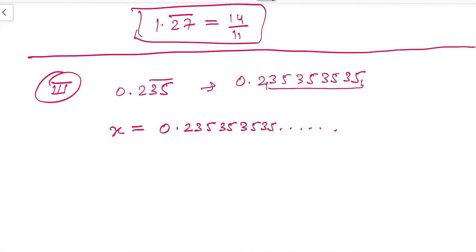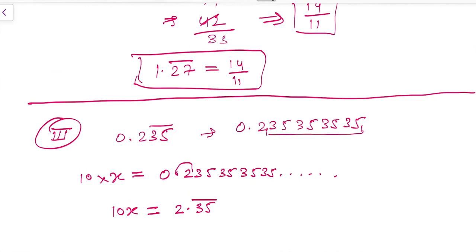We first bring the point over here, because there is no bar on 2, so we multiply by 10 and it becomes 10x. Here it becomes 2.35 with the bar, since 35 will continue.